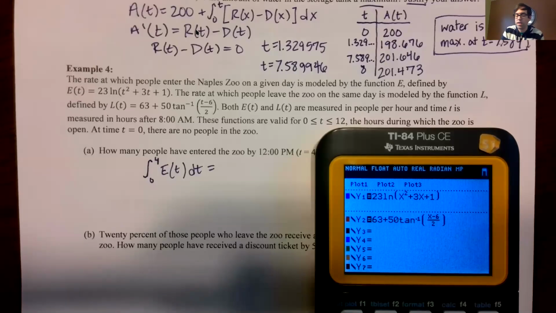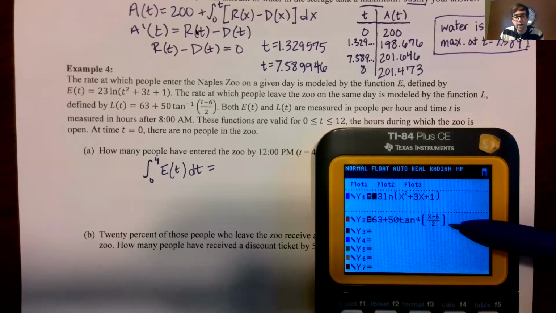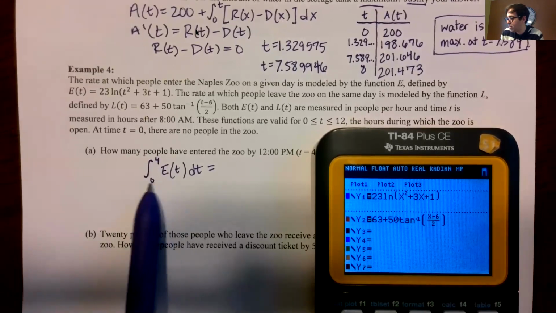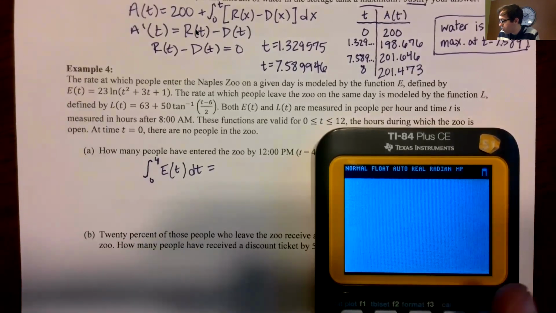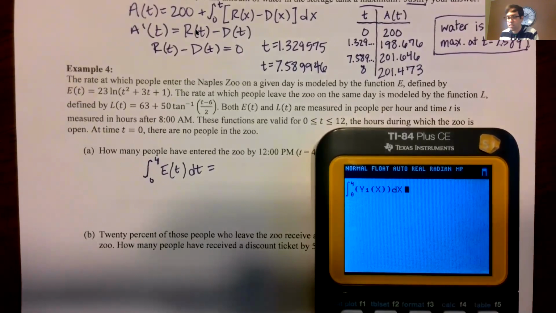All right, so you can see that I've typed in the E of t and the L of t as y1 and y2. That's going to help us throughout this whole example, so I'm going to leave those in there. But for this specific one, we want y1, because we are integrating from 0 to 4 E of t, which was our rate in. So I'm going to go to math 9, from 0 to 4, and go to vars, y-vars, function y1 of x dx.